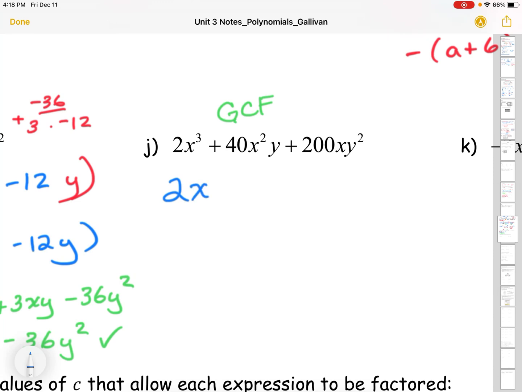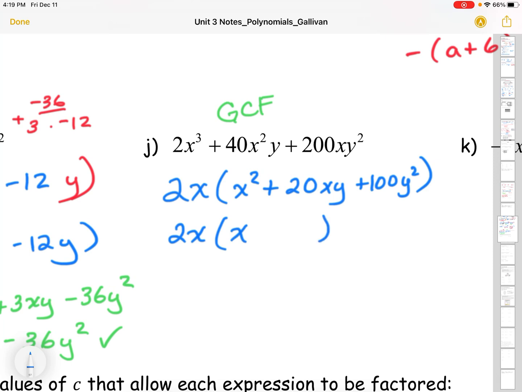There's only a y in the last two, so they don't work. So when we do that, we're left with x squared plus 40 divided by 2 is 20xy, and then 200 divided by 2 is 100, and it will be just y squared.